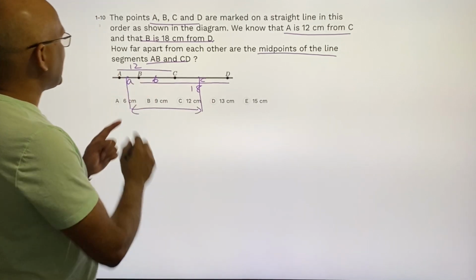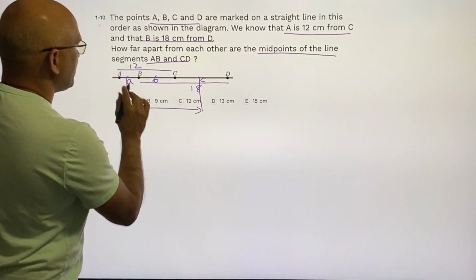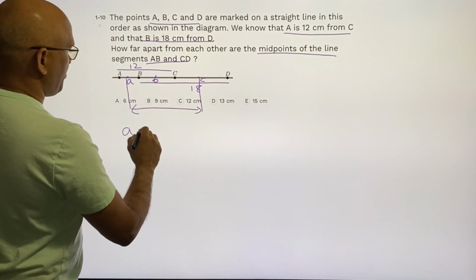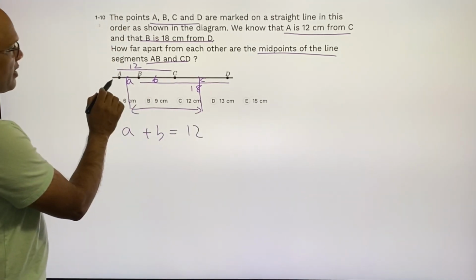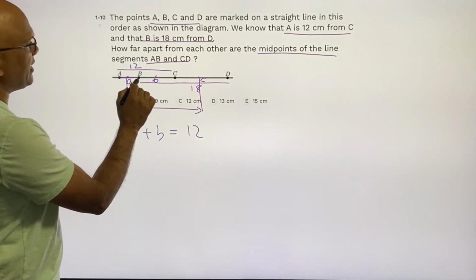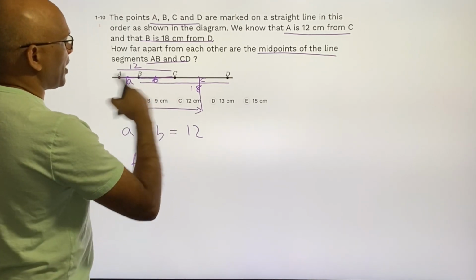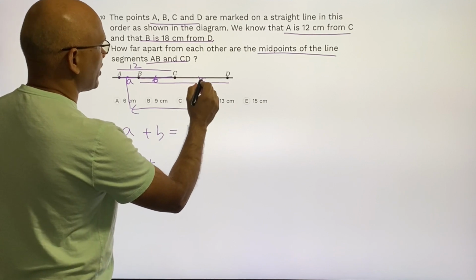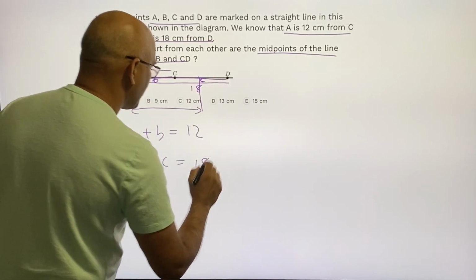So it is given to me that a plus b is equal to 12. That is given to us, right? So I'm calling this small a and this is small b. Similarly, b plus c, where I'm calling this lowercase c, is equal to 18, right?